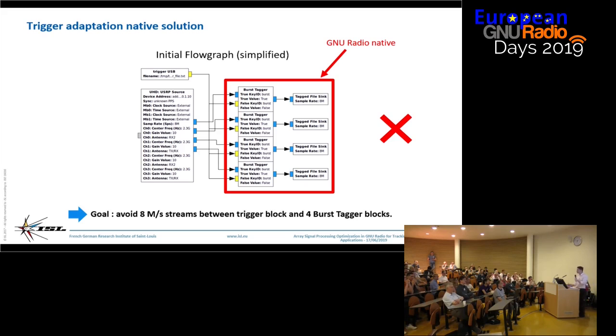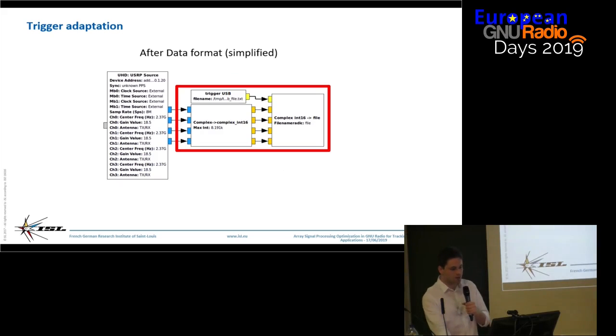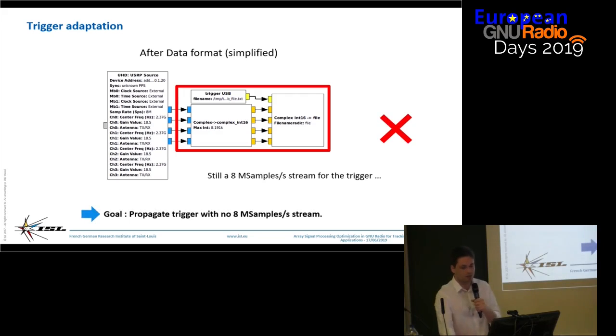So that's something we would definitely want to remove from our application. I showed you the native way. If I just use the data format I was telling you about a bit earlier, you will see that's not really changing our problem. And we were willing to avoid that at an 8 megasample per second data stream.